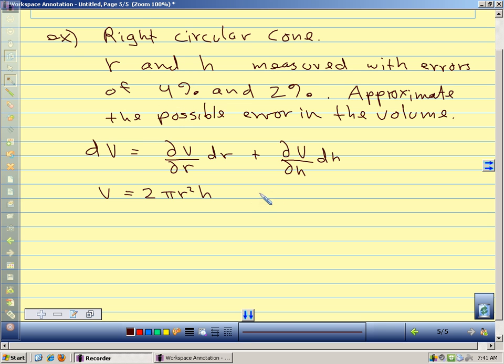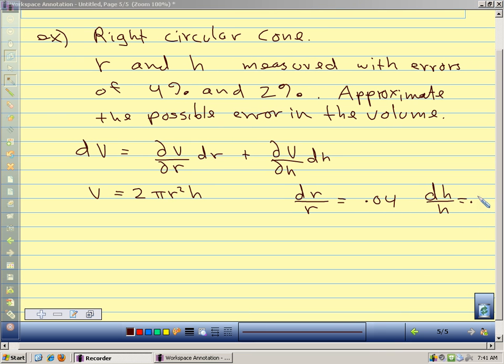So relative error, dr, the change in r over the actual value, is 0.04. And dh, the change in h over the actual height, is 0.02. That's what the 4% and the 2% tell us. These are relative errors.